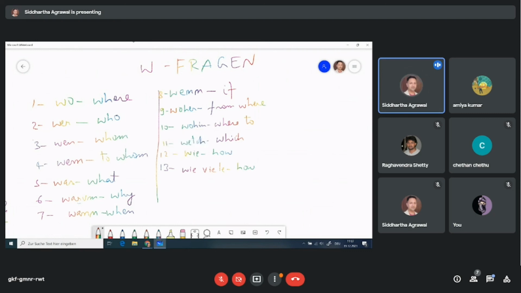And the 14th is wie viel, how much. Give extra emphasis to this e. This is how much. And the last one is wessen. My writing is too bad here. Wessen is whose. So I think this is sufficient. If you remember these 15 W-Fragen, that should be sufficient.